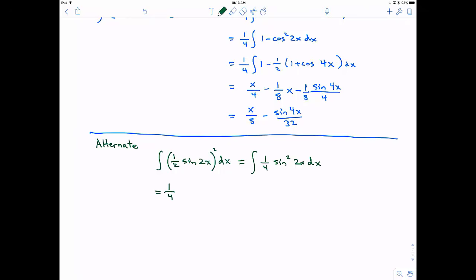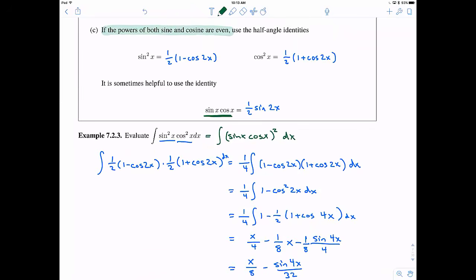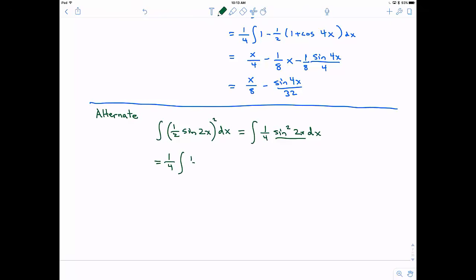Right, so this is going to be 1/4, and then my sine identity says that this is going to be, let's see here, 1/2 times the quantity 1 minus cosine of 2x. 2x, that's the same thing as 4x dx.